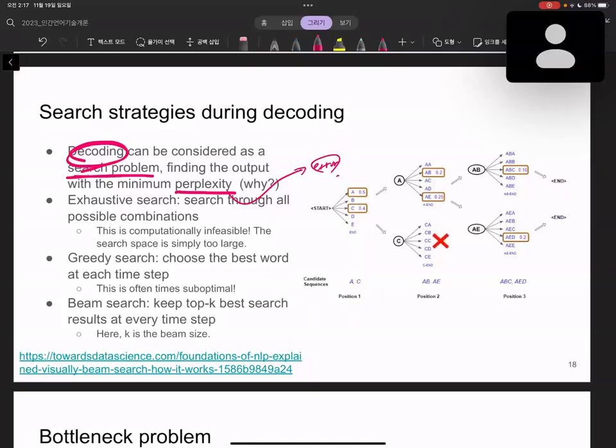This is not that accurate terminology, but in this context, you can understand the minimum perplexity as minimum error.